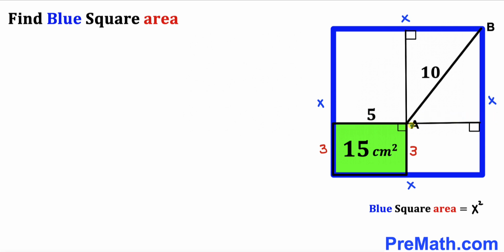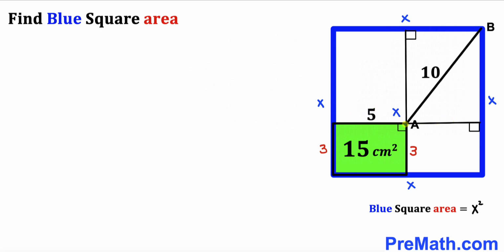And likewise, I have extended this vertical line all the way over here. Now let's make an observation. We can see that this side length is x. Then this side length has got to be x centimeter as well. And we know that this side length of this green rectangle is 5.